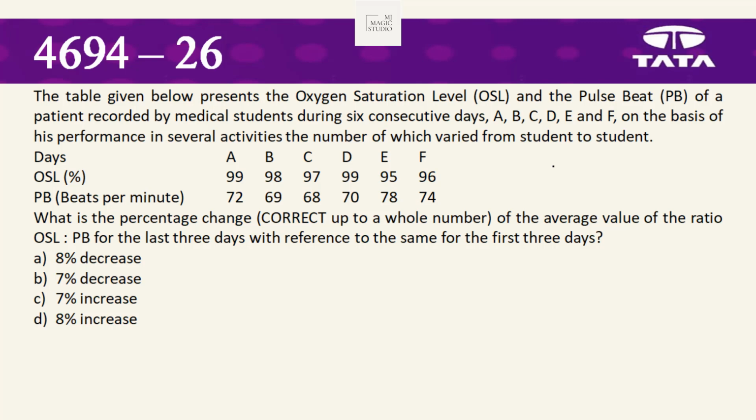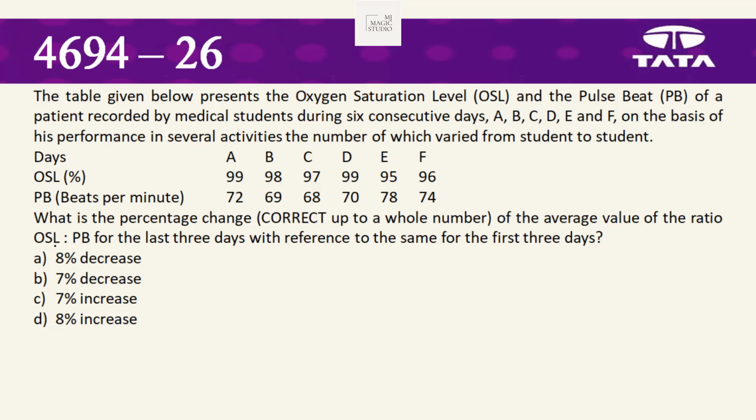Okay, we shall be ending this sample paper with the 26th question, and it is again from data interpretation. Few data is given and a question is asked. The table given below represents OSL, oxygen saturation level, and the pulse beat of a patient recorded by a medical student during 6 consecutive days A, B, C, D, E, F on the basis of his performance in several activities.